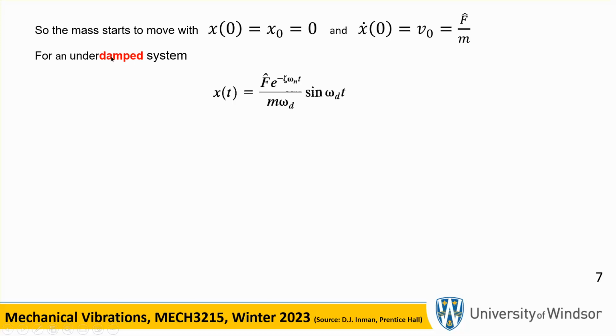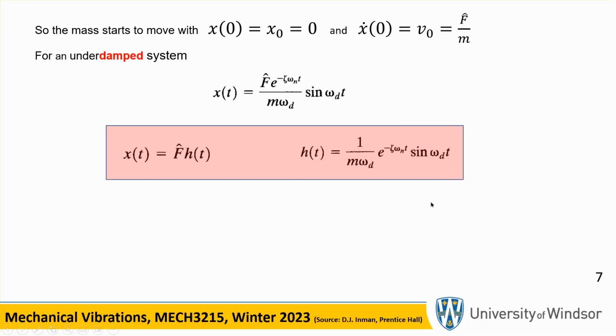I made this red on purpose because some people in a rush read it as undamped system. No, no, no, underdamped. Underdamped means there is zeta, the damping ratio, involved. There is a damping frequency involved, and of course, a natural frequency there too.